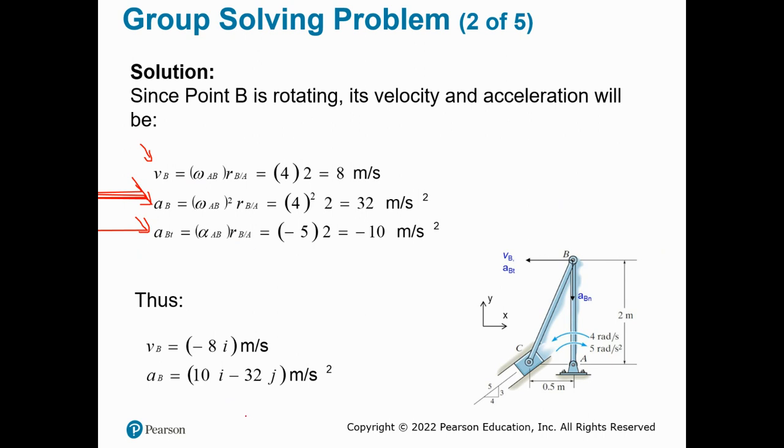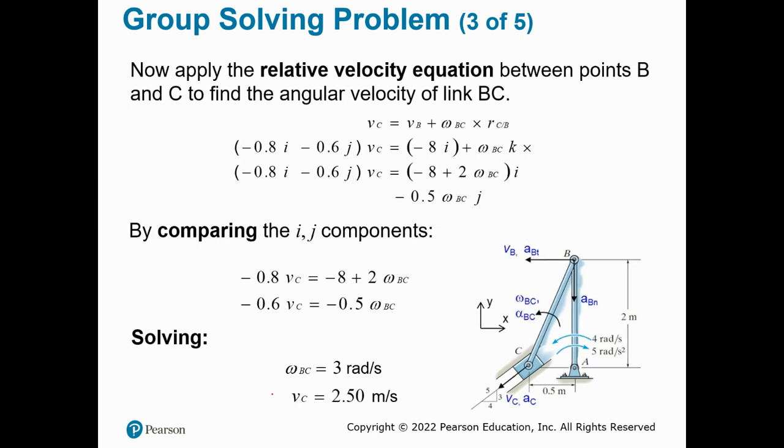And there we can get v_B equals negative i, because we know that B is going horizontally to the left, so only the i component is negative. For the acceleration of B, you will have the normal component and the tangent component, right? So we put the 32 and the negative 10 together. That will give us the actual acceleration, both normal and tangent.